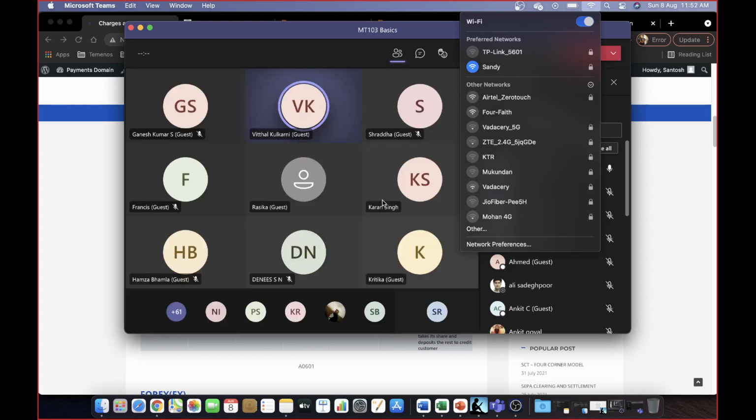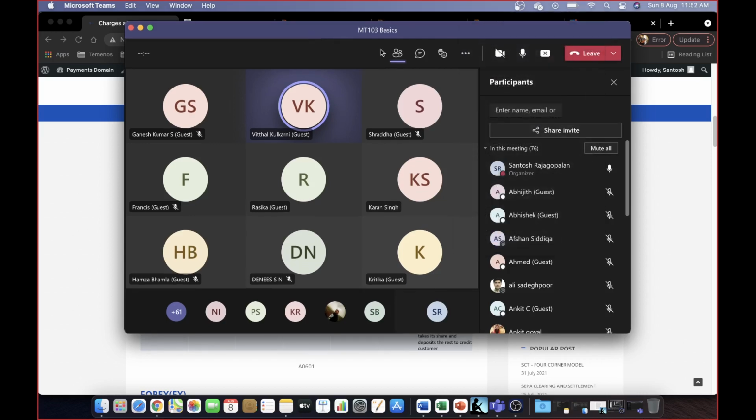Sorry guys, as per my understanding, let's say the sender is bearing charges. In that case, when we are sending the cover method, we are mentioning tag 71G, where we are instructing.